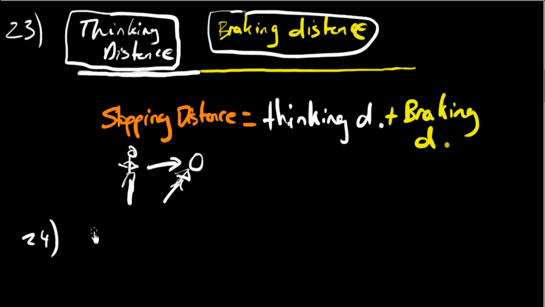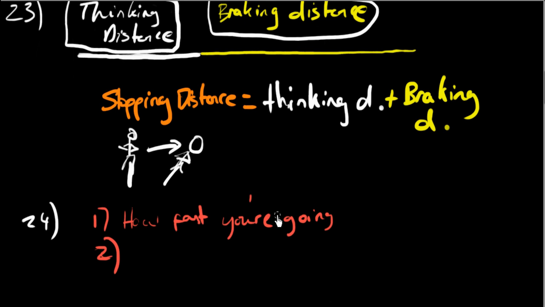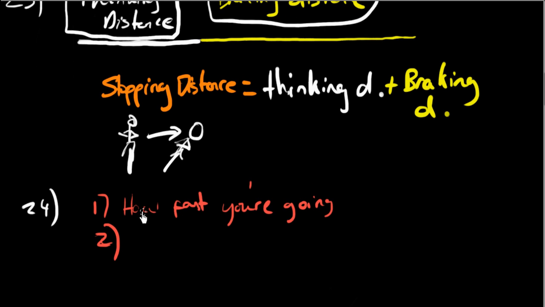I already mentioned one of them. It's 1, how fast you're going. 2, the visibility, so literally how much you can see.